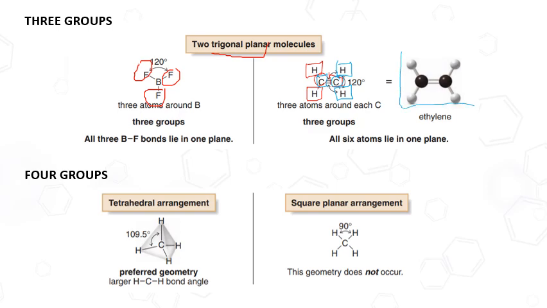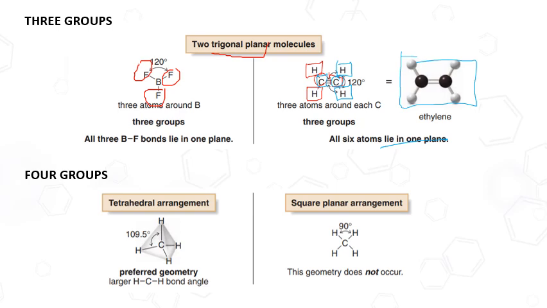And if you take a look at this one, they all lie in one plane, meaning if there's a paper behind that particular structure, all the atoms will touch the surface of that paper. So they all lie in one plane. So this is ethene or ethylene.